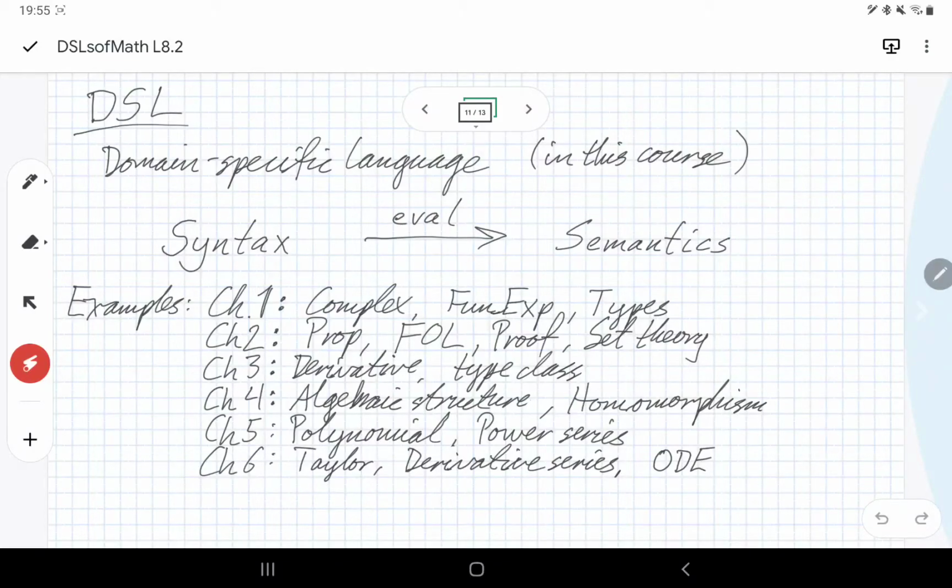We talked about Taylor series, Maclaurin series, derivative series in general, and expanded on this ordinary differential equation formalism. So describing how you express an ordinary differential equation and how you use power series to get at least approximate solutions for them.